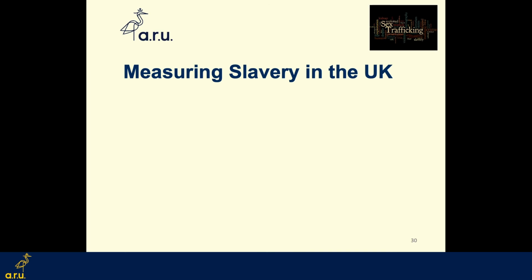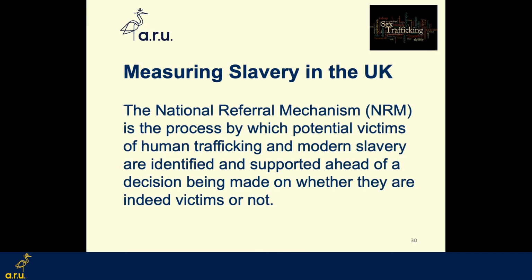But I need to get my statistics from somewhere, right? If I'm banging on about this, I need to quantify it in a way. What we do have is something called the National Referral Mechanism, which is a process by which potential victims of human trafficking and modern slavery are identified and supported ahead of the decision being made whether or not they are indeed victims.